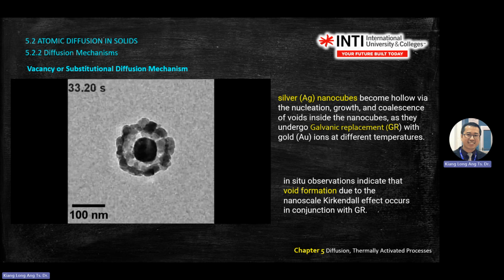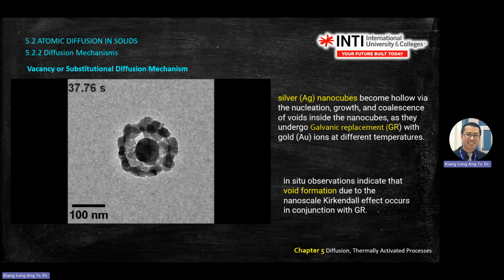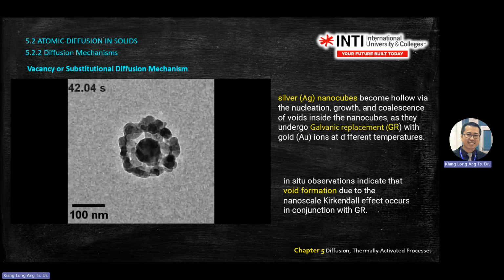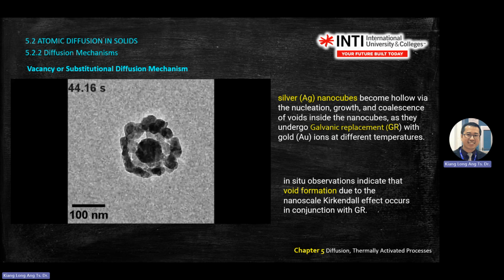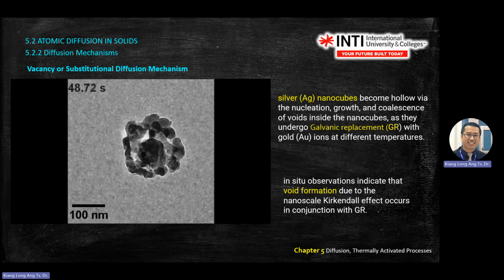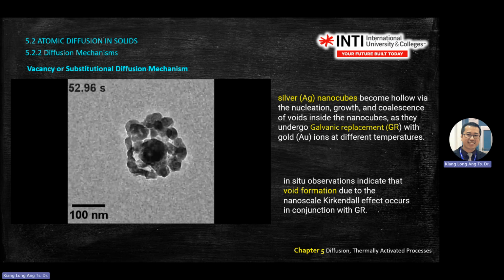It means that just now you see a small dense thing and then it becomes hollow. The silver nanotubes move out, and the space here is the effect of the silver moving out. Then you see the space was filled inside here.